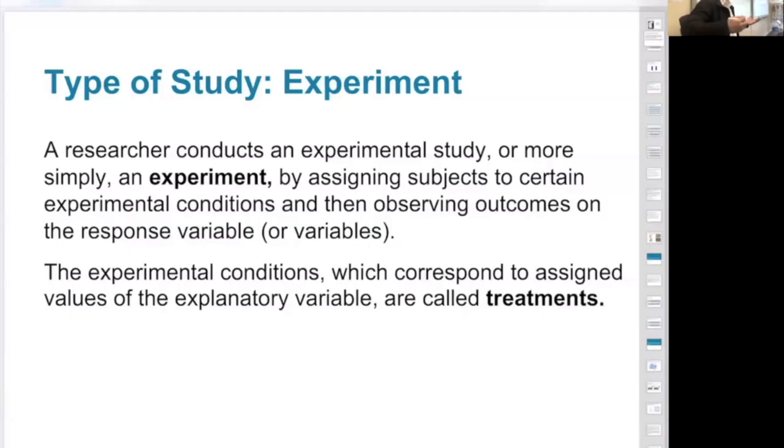This is what we all researchers do. These experimental conditions, sometimes we call them treatments. In most cases, these treatments are the independent variable or the explanatory variable. And the outcome, what we observe, is the response variable.